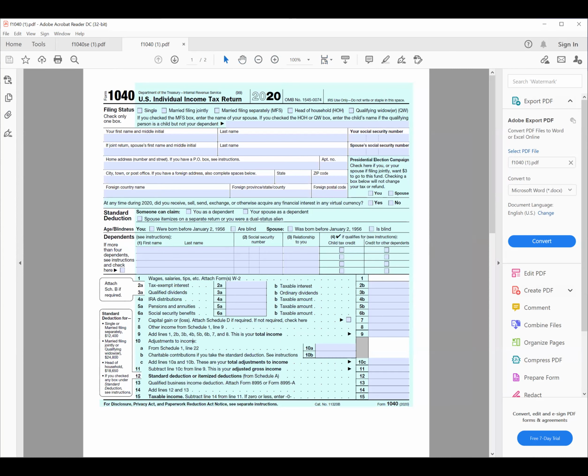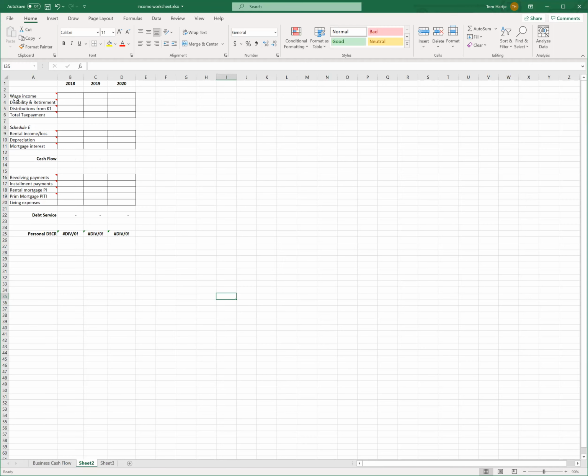So first line, we need to make sure we're capturing wages and salaries off of here. Have the individual W-2s if you have two filers, or make sure you understand that only one person has the wage income. The next is going to be retirement income and disability. The way I always do that is I just lump it together on my form. This comes from multiple sources on the tax returns.